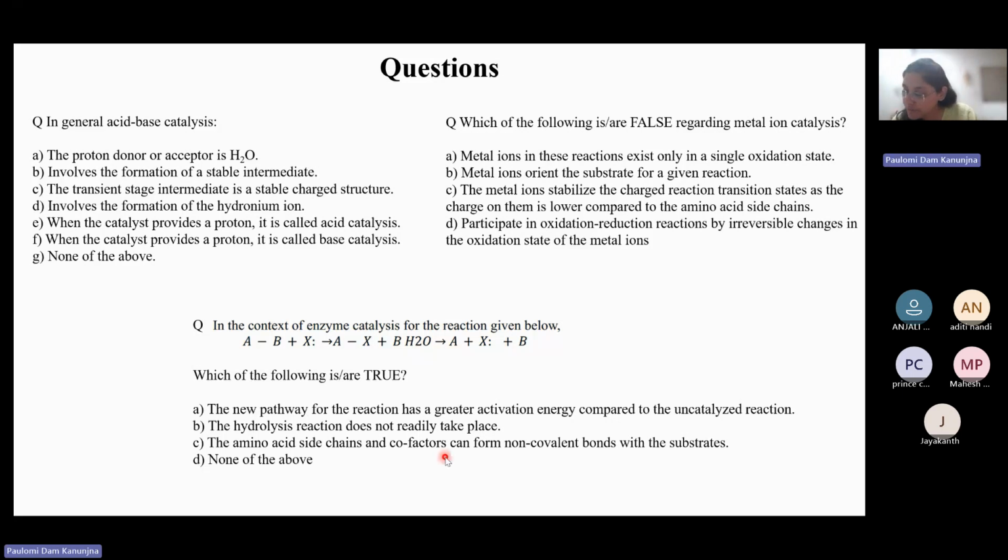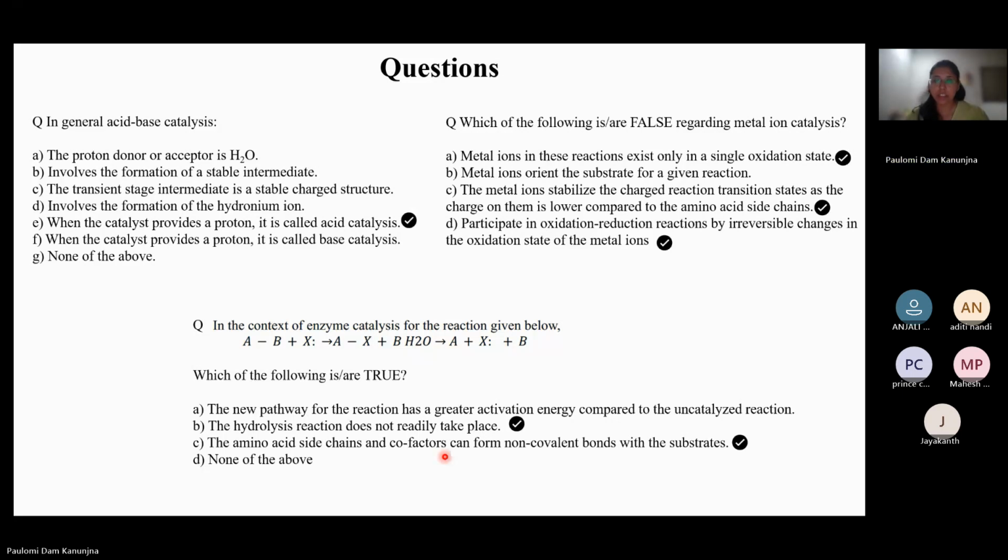B and E. Question 3, B. Okay. Question 3, B and C. All right. I think I've got most of the answers. If there are people who are still answering, you can see the answers.